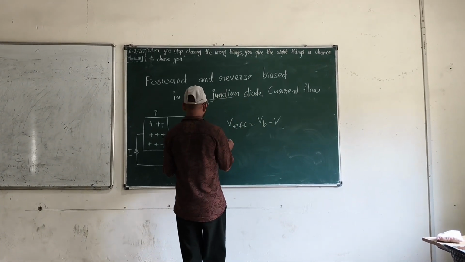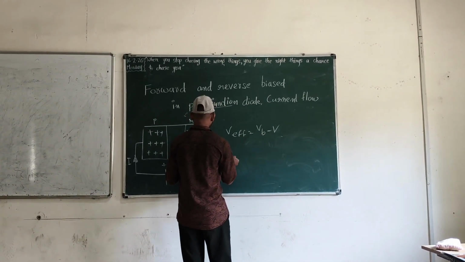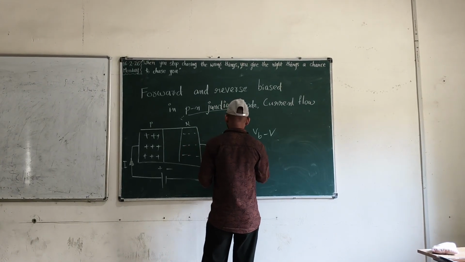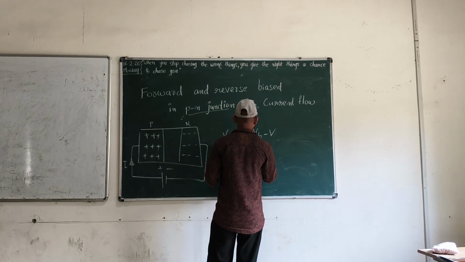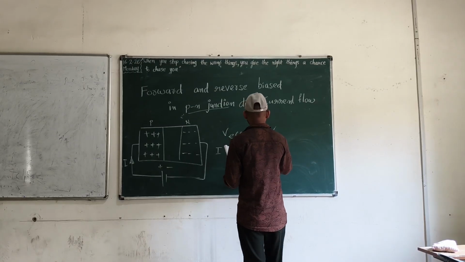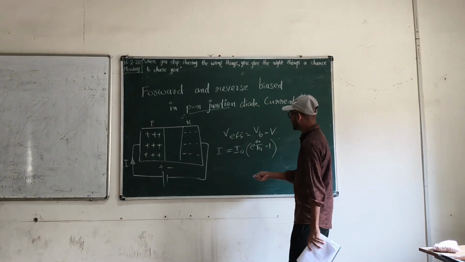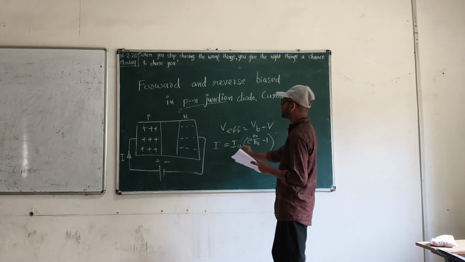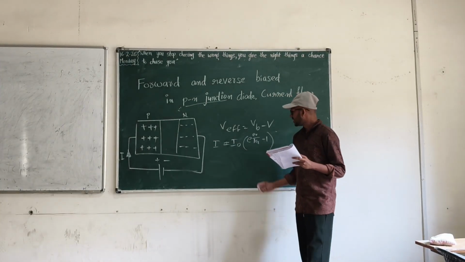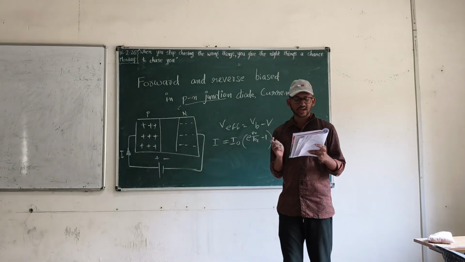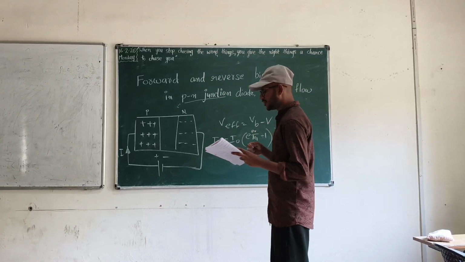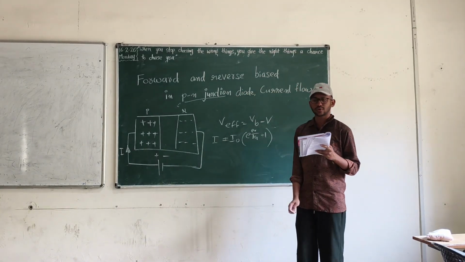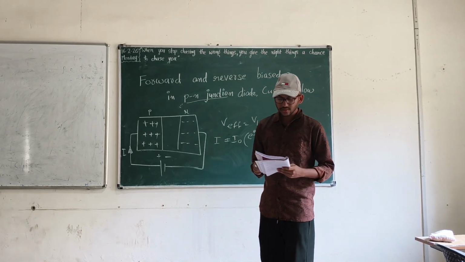There is a standard equation for this, that is I equals I naught times e raised to eV by kT minus 1, where I is the diode current, I naught is the reverse saturation current, e is the charge of an electron, V is the applied voltage, k is the Boltzmann constant, and T is the absolute temperature.